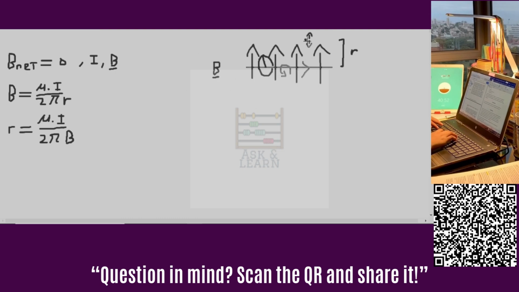It will be the same at this point for the wire and for the external field, so you use the same number B here. And this will give you what radius you'll need at that point. The magnetic field will be equal to 0. And there you have it.